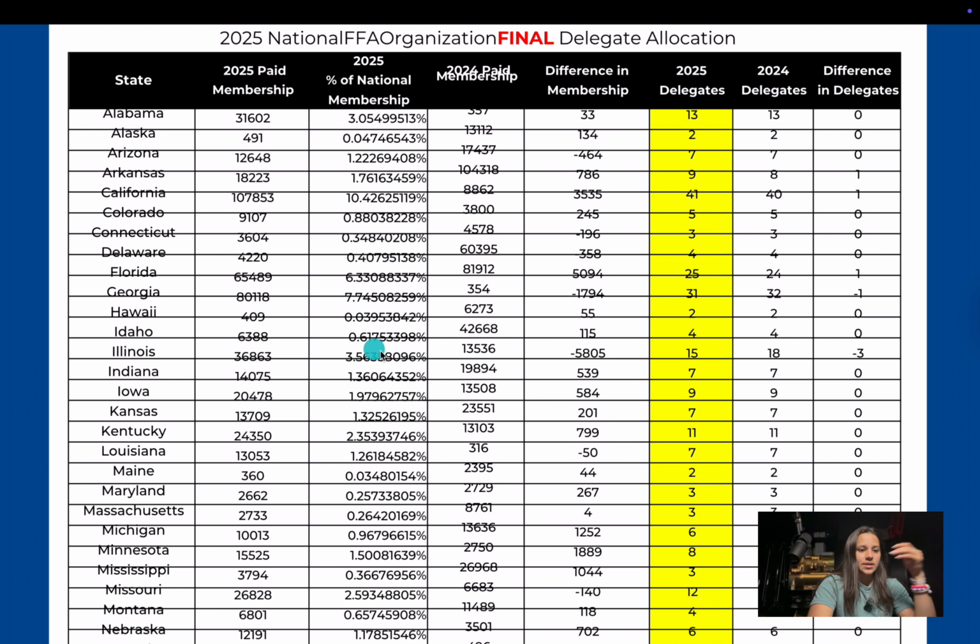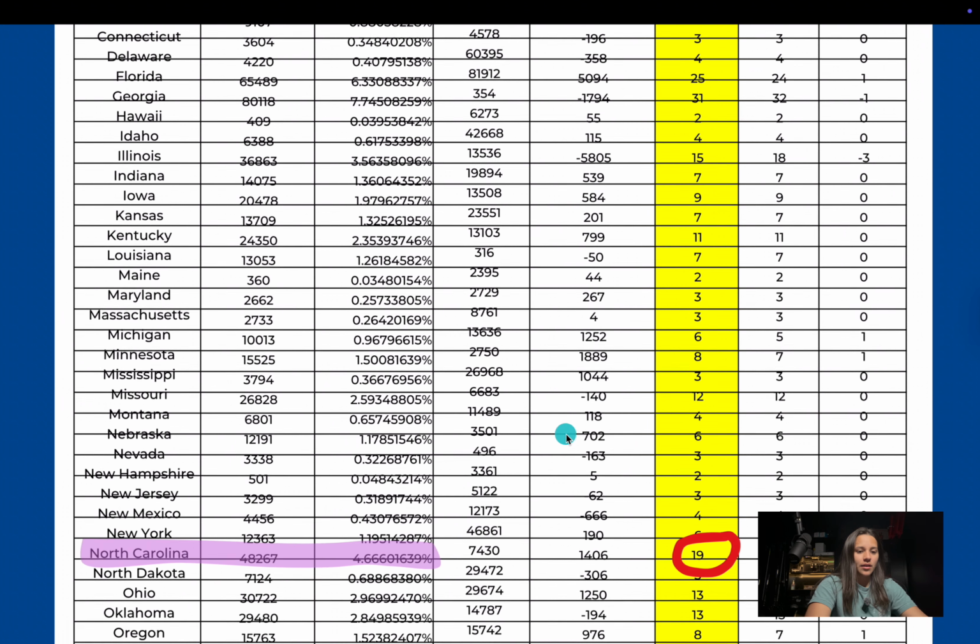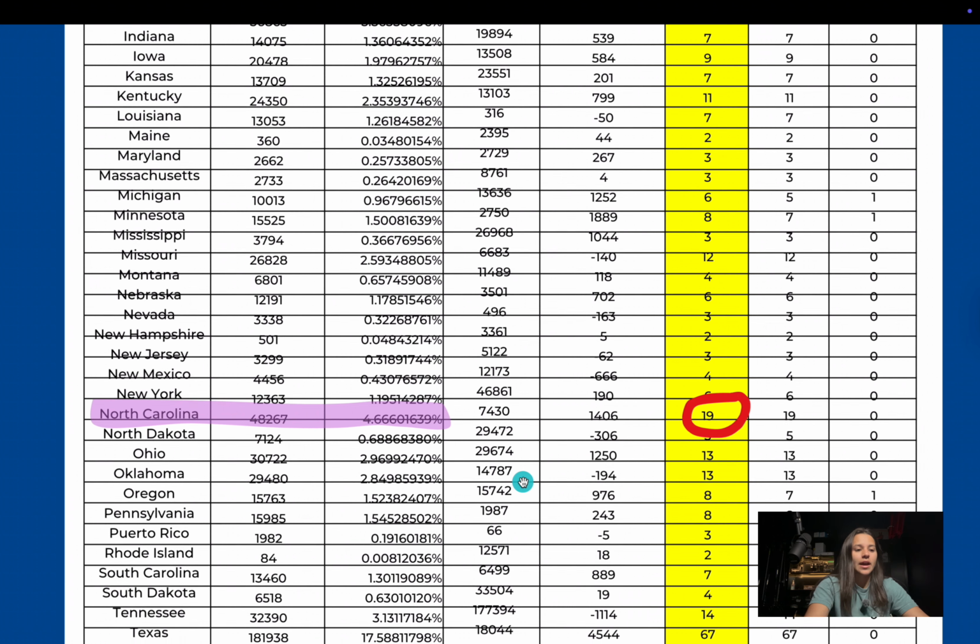This is 0.617% of the national FFA membership. That means that they get 4 delegates. So there's the minimum of 2 plus 2 additional delegates. So they have 4. And since we're in North Carolina, let's go ahead and look at that.